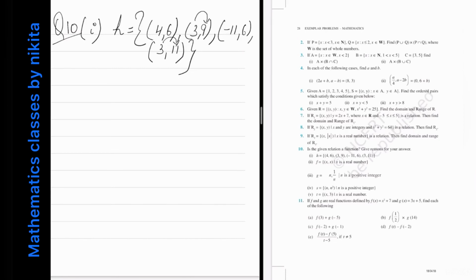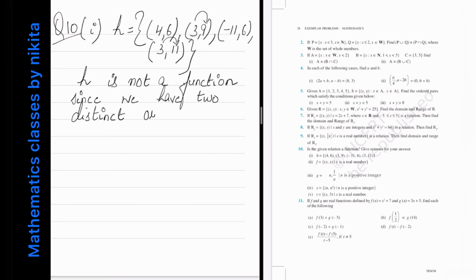Or in other words, you can say that you have 2 distinct ordered pairs having the same first element. So my answer is H is not a function, since we have 2 distinct ordered pairs (3, 9) and (3, 11) having the same first element.